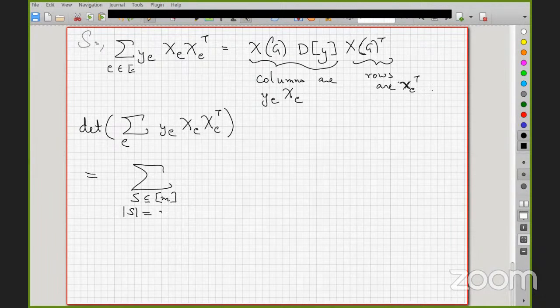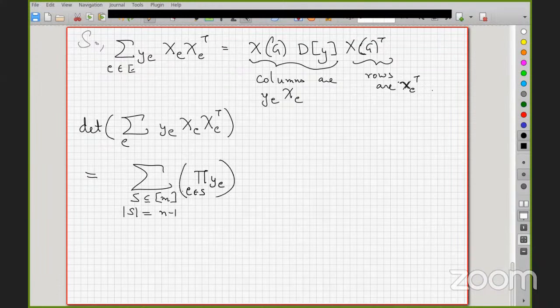Yeah, n-1. So if you take subsets of size n-1, what do we have to do? We have to take a determinant of this matrix. So we take these S columns and take the determinant. In particular the y_e's, because they're just multiplying columns, just come out, right? So I can just write it like this.